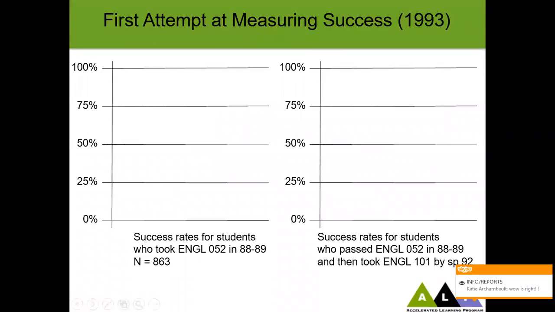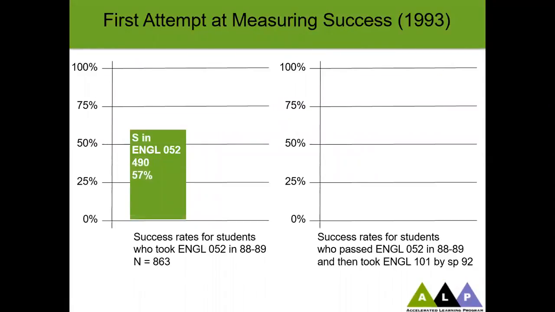Back in 1993, the Community College of Baltimore County, in all of its wisdom, bought the English department its first computer, a very powerful Apple IIe. And we used that computer to develop a database into which we put every student who took the assessment.